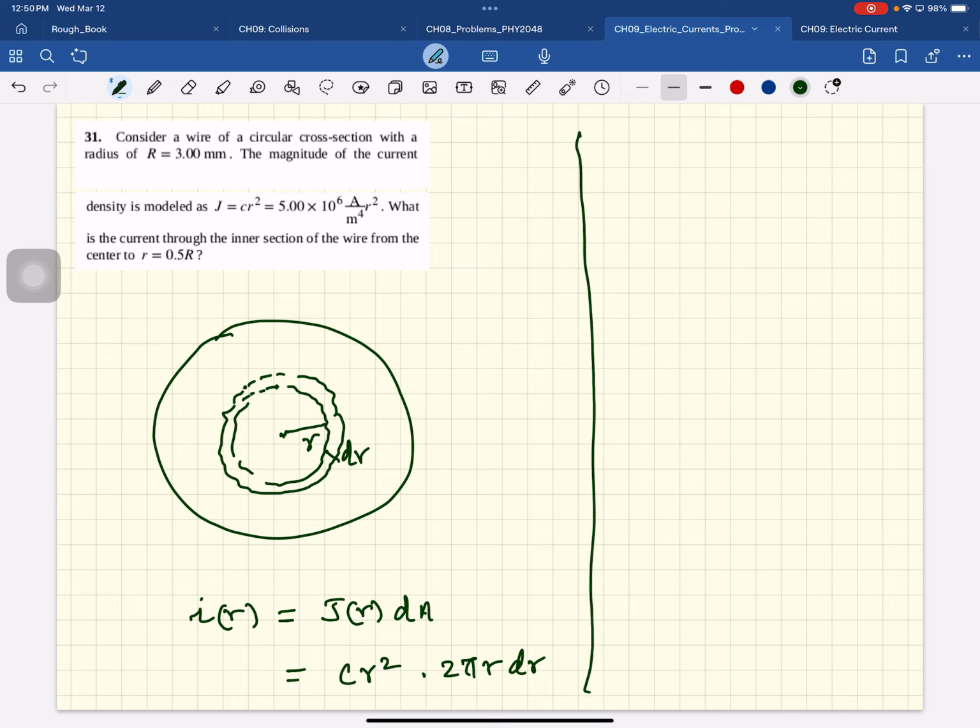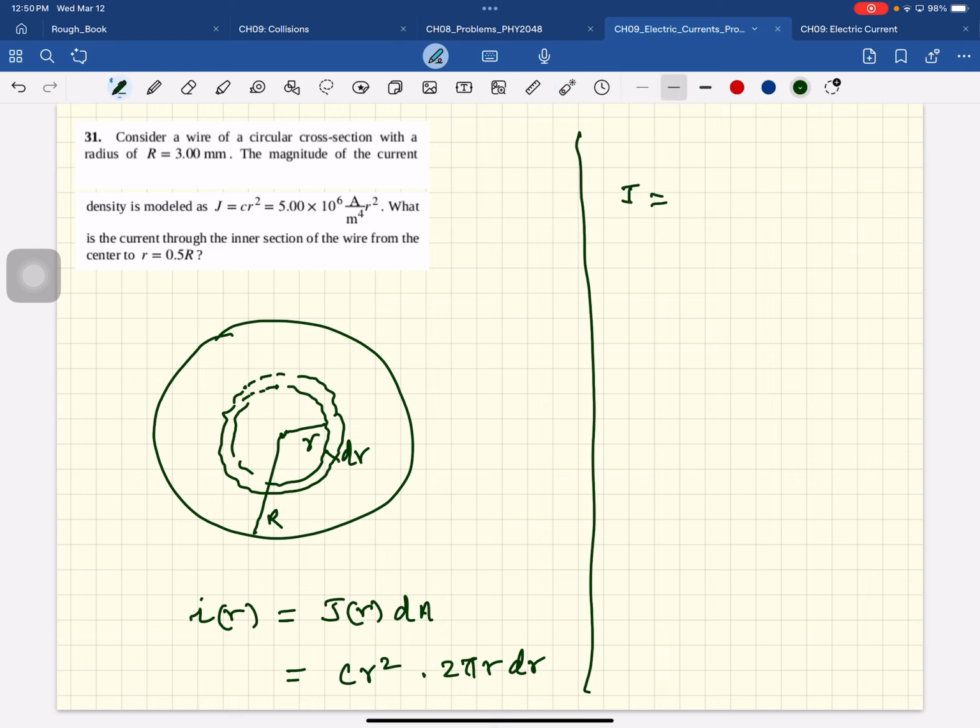All right. What do they ask you? What is the current through the inner section of the wire from r equal to 0 to 0.5 R? R is the radius of the circle, and they want you to find the current through the inner half of the wire.